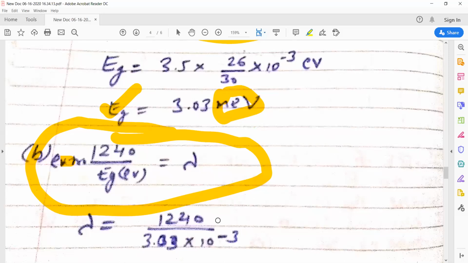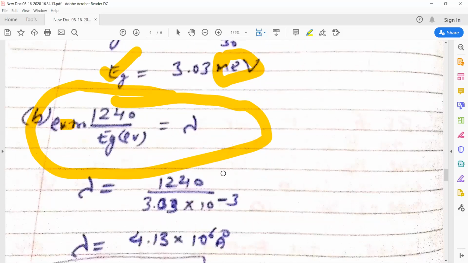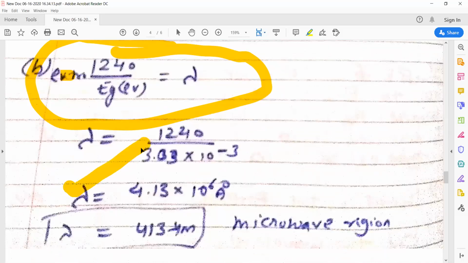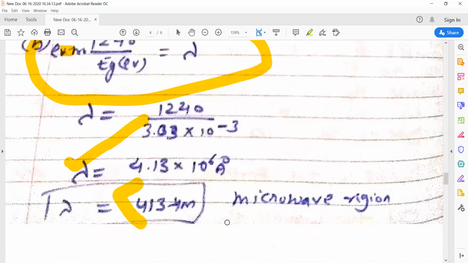We will put it here, with electron volt in the numerator and the denominator, so it cancels. Then we find that lambda is equal to 413 micrometer. So if I want to break this Cooper pair, the wavelength is in the microwave region.